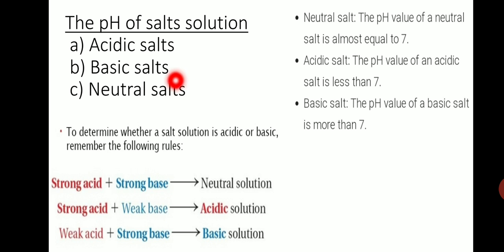Normally, the salt shows a neutral character, that means pH 7. But in some cases, the salt shows an acidic character or basic character. Such salts we call acidic salts or basic salts. So, according to the pH of the salt solution, we can divide the salts into 3 categories: acidic salts, basic salts, and neutral salts.